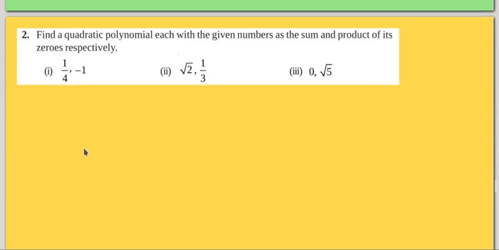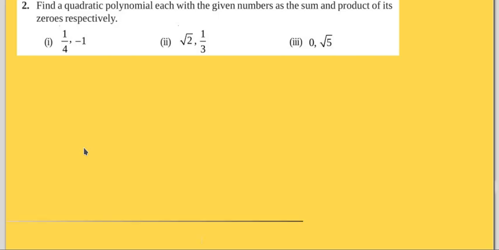Next one. Find a quadratic polynomial each with the given numbers as the sum and the product of its zeros. So the sum and product of the zeros are given. With the sum of the zeros and product of the zeros, we need to find the quadratic polynomial. So what is the polynomial? x square plus (alpha plus beta) into x plus alpha beta.